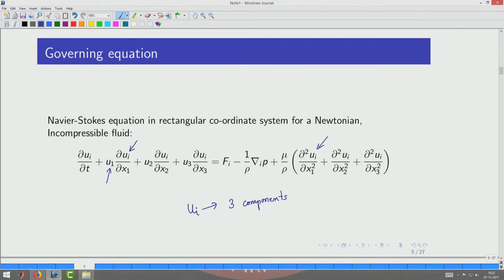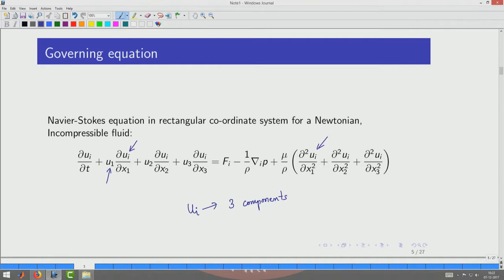So, it is a very strongly coupled equation, and there are many terms. For example, you have the body force term, the pressure gradient term, the Laplacian term, the advection term and the transient term. So, you can imagine that the analytical solution for such an equation in 3 dimensions will be formidable. In fact, it is impossible for many situations.